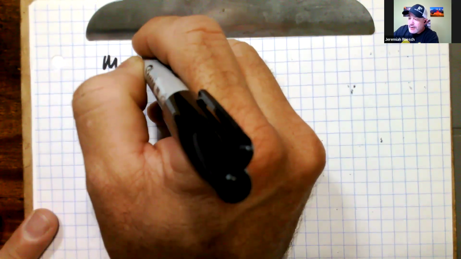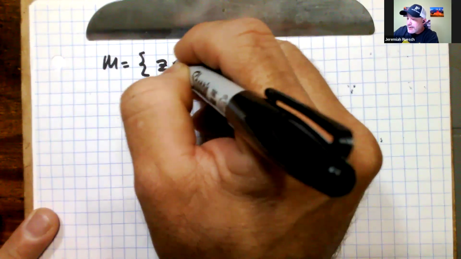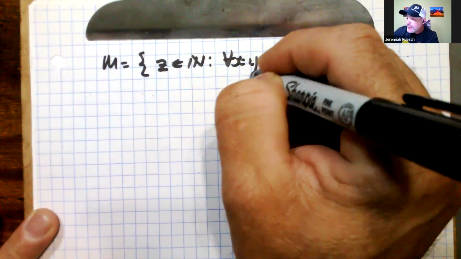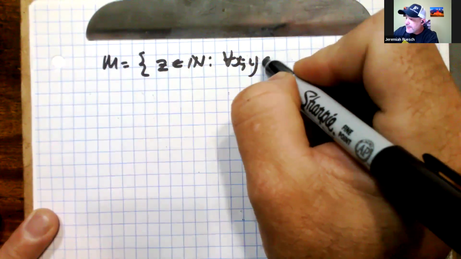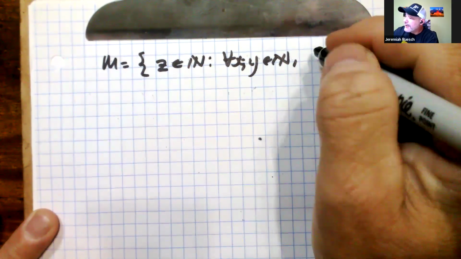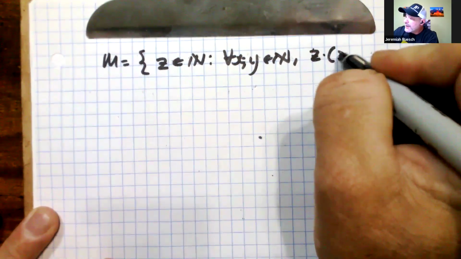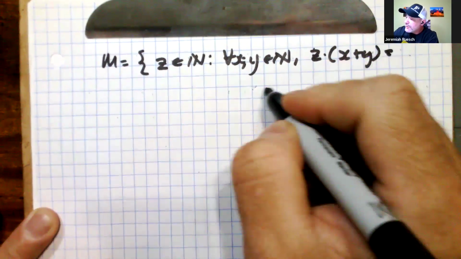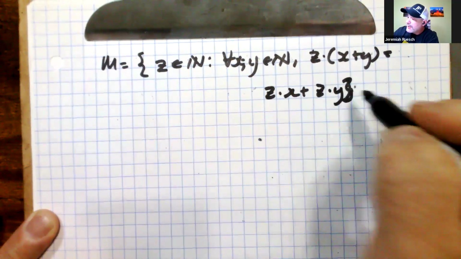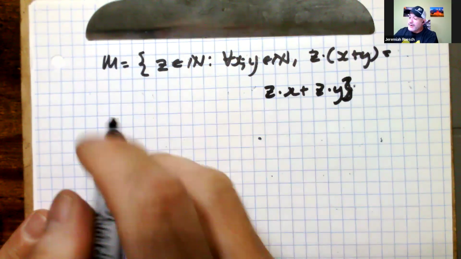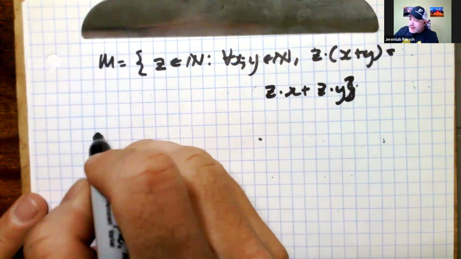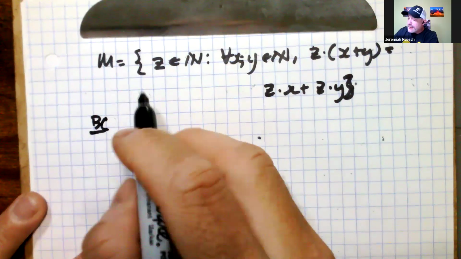So if we set M equal to the set of z in N, such that for all x and y in N, we have z times (x plus y) is equal to z times x plus z times y. So for this set, the challenge that we get, you can actually see it right away.